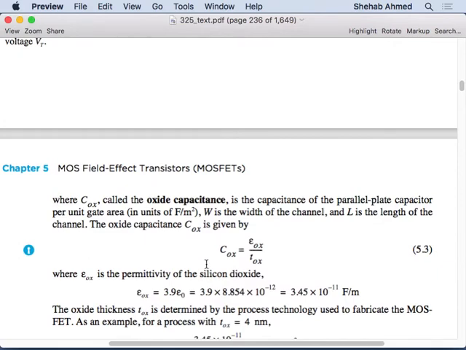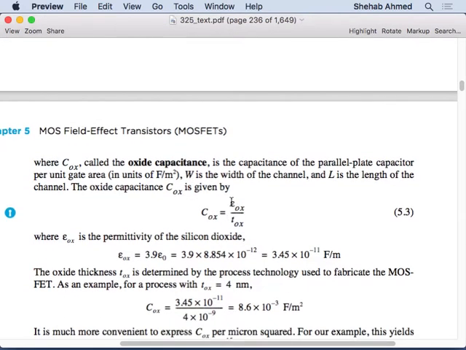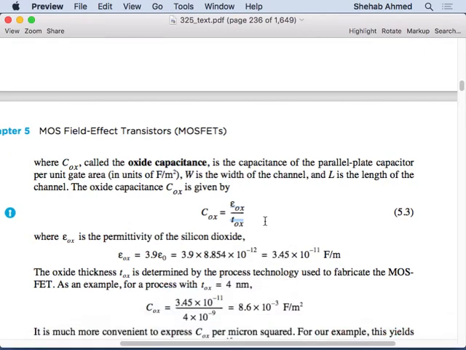Okay, so we said this capacitor depends on the permittivity of the dielectric and the distance between the plates. If you remember 322, it's the permittivity of the dielectric over the thickness of the dielectric. Thickness of the dielectric depends on what? On your process technology. Remember that video we saw in the first class, all these layers on top of each other.